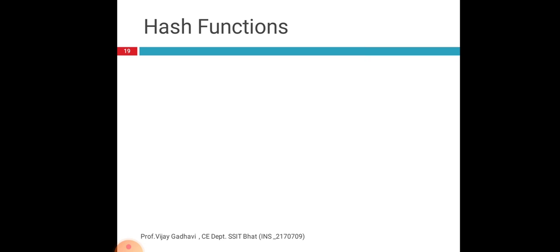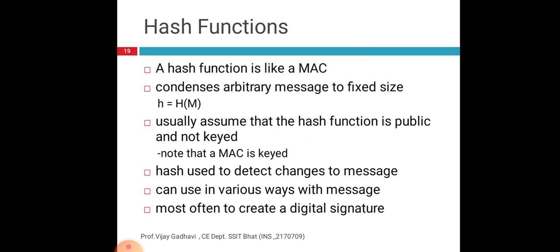Now the hash function. A hash function is like a MAC. It condenses an arbitrary message to a fixed size: H = H(M), where M is an arbitrary length message.